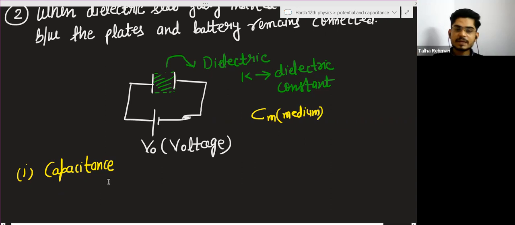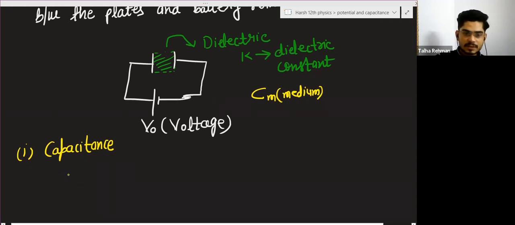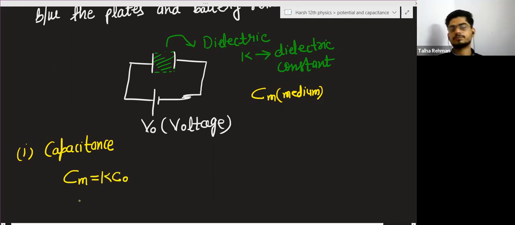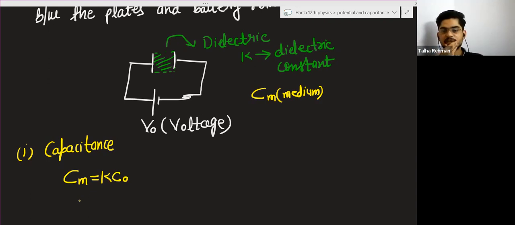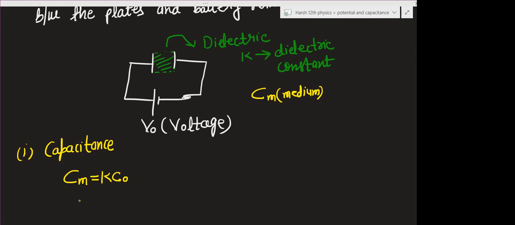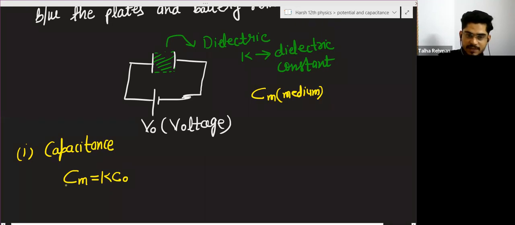So what will be the capacitance this time? Cm equals K times C naught. The capacitance will become K times now. Cm is the capacitance when the dielectric is filled.